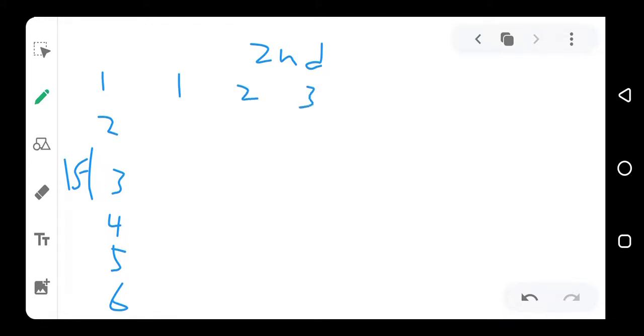We have the first one and then we have the second one. Now we have 1, 2, 3, 4, 5, 6, and 1, 2, 3, 4, 5, 6. That means that the first die has 6 sides.